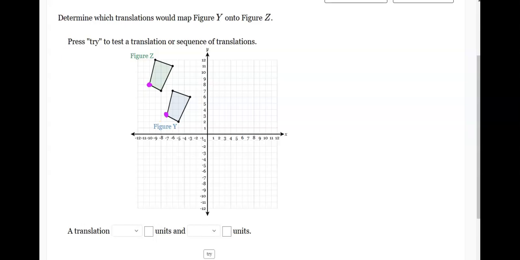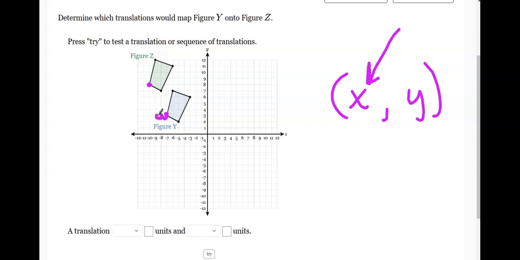Since the x-coordinate is first, let's try and find the movement for this coordinate. So we're going to move over 1, 2, 3 units to the left. So we moved 3 to the left. Then from there, 1, 2, 3, 4, 5 units up.